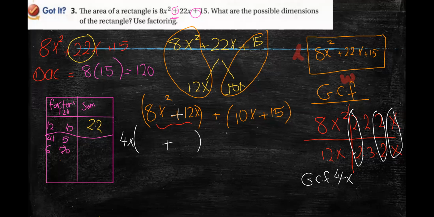For 8x squared, if you remove the 2, the 2 and the x, what is left is 2x. And for 12x, if we remove 2 and 2 and x, what remains is 3. This is the first bracket.